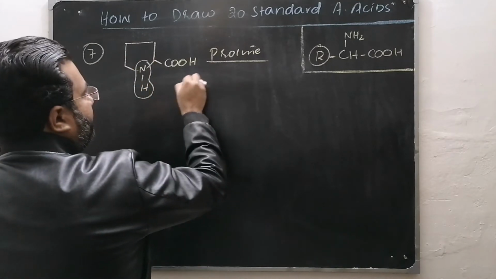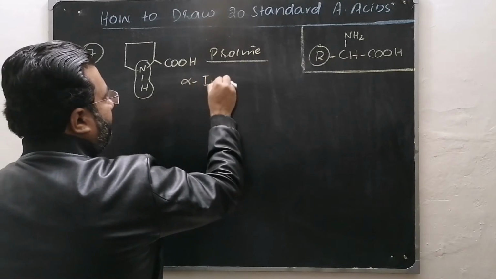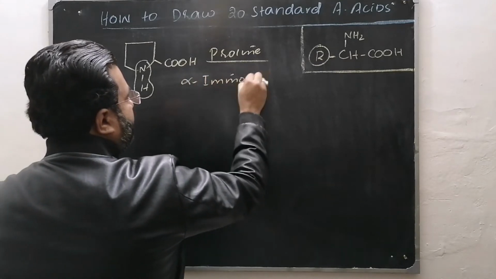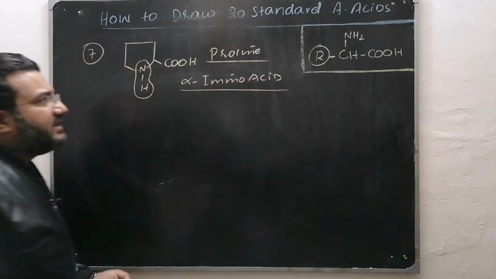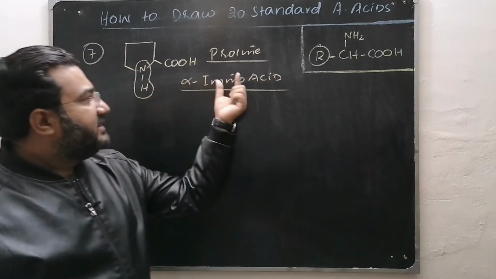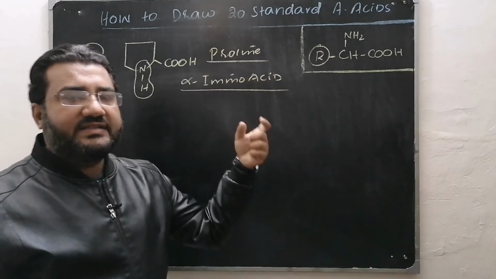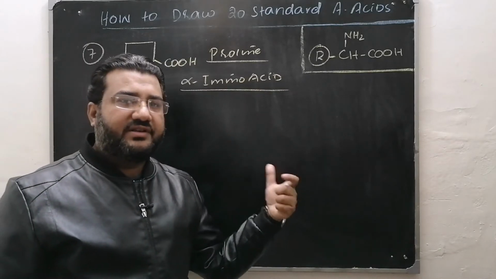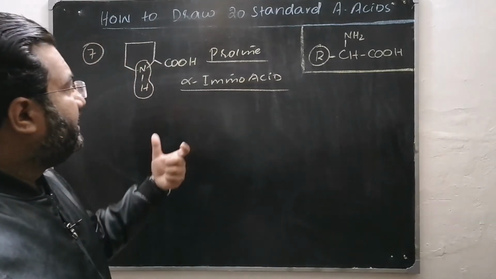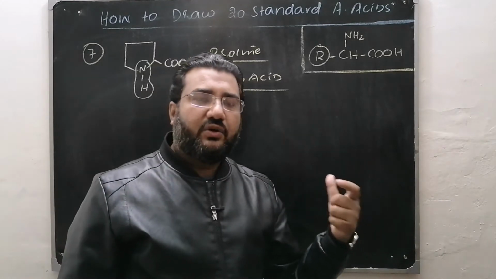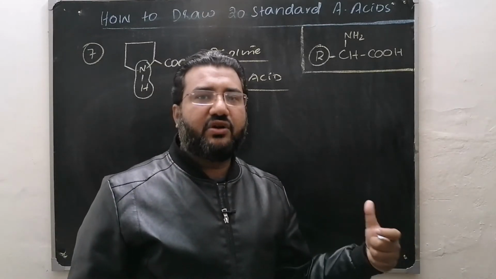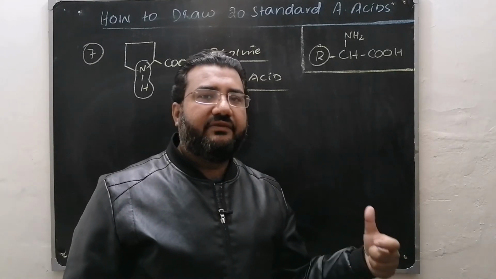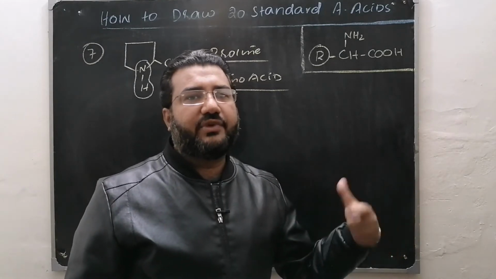So that's why it is also called an alpha imino acid. It is different from all other amino acids with respect to its structure. So that's why proline is the only amino acid that does not show the ninhydrin test, because it does not have any free NH2 group or primary amino group.